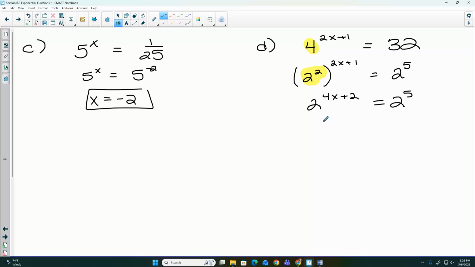Now I have a base of 2 on each side, so now I can set my exponents equal. 4x equals 3. So x is 3/4.